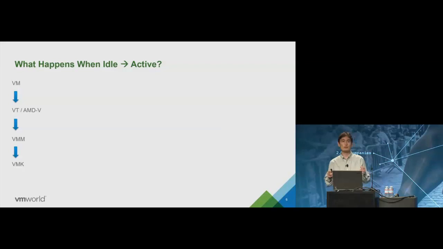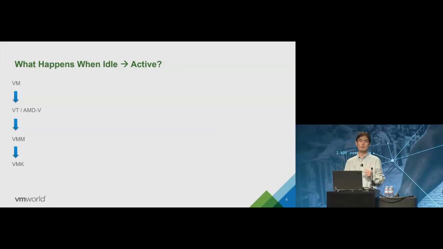Whenever some virtual event happens, which I'll explain later, the CPU switches mode into a special mode and tries to emulate the virtual event. Sometimes hardware emulation is not sufficient, so it needs hypervisor support.